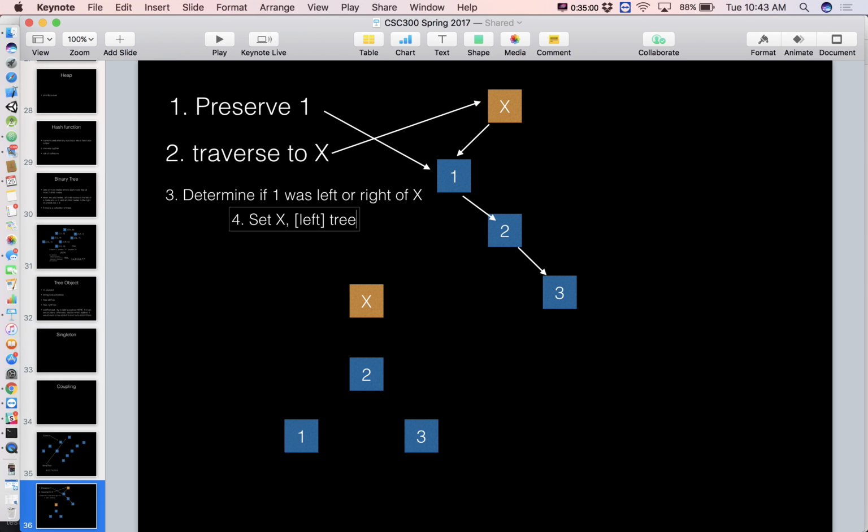Set X's left tree to 1's right tree. And this is for a left rotation. That's what we're doing here. So we'll set X's left tree to 1's right tree. It's this guy right here.